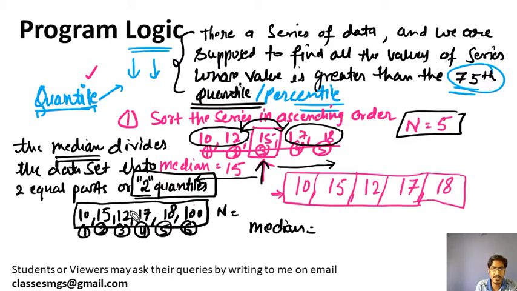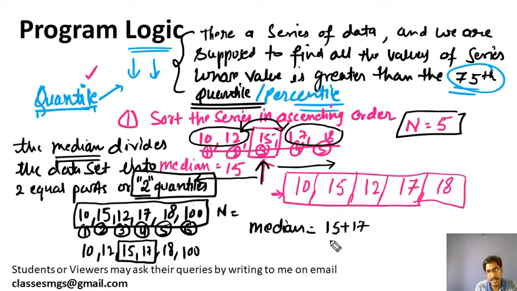First we need to arrange this in ascending order: 10, then 12, then 15, then 17, 18, 100. Now the middle two elements are 15 and 17. Those will be added, 15 plus 17 is 32, divided by 2, that is 16.